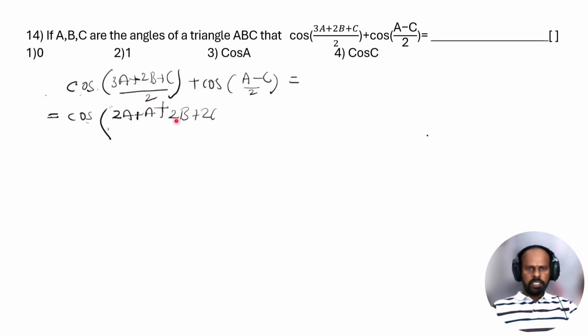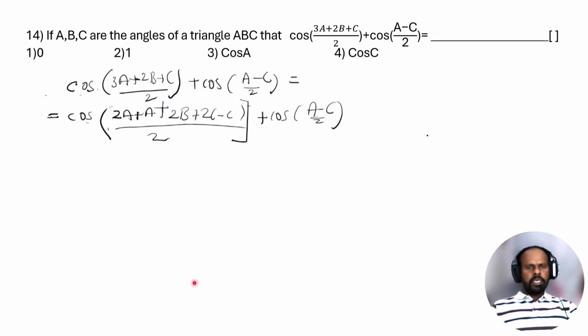C I am writing as 2c minus c divided by 2. Okay, and next second term I am writing as it is, not changing anything.